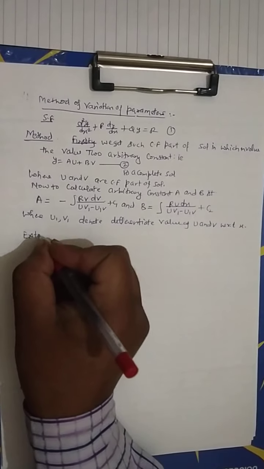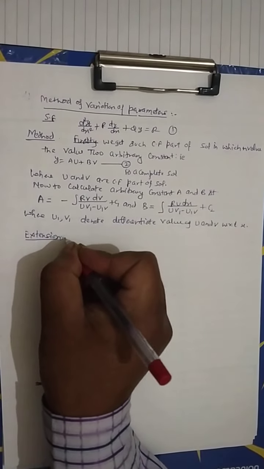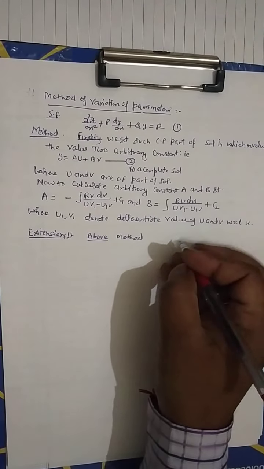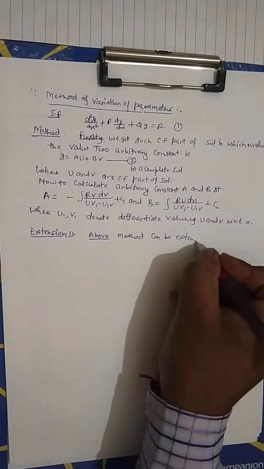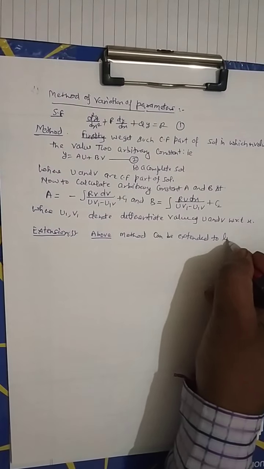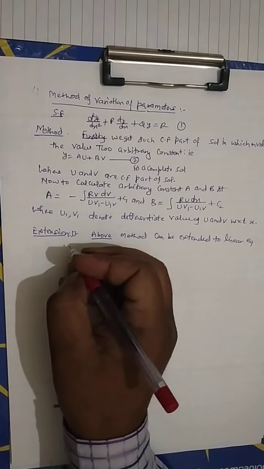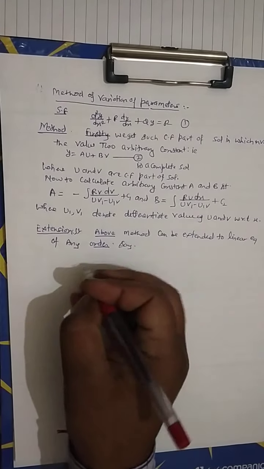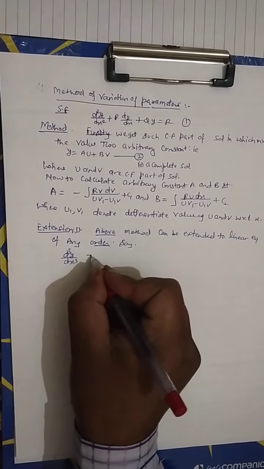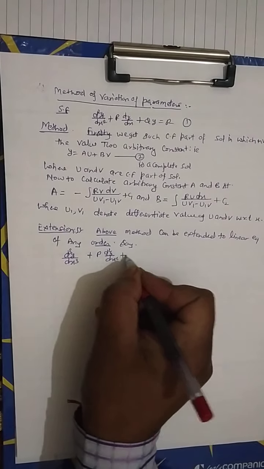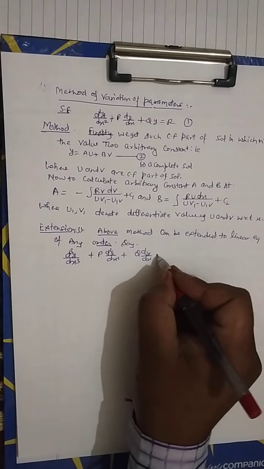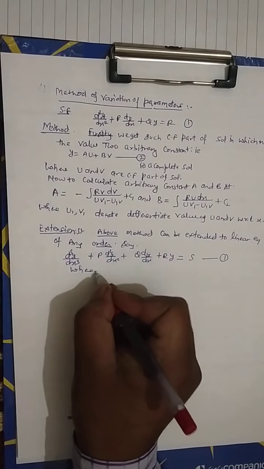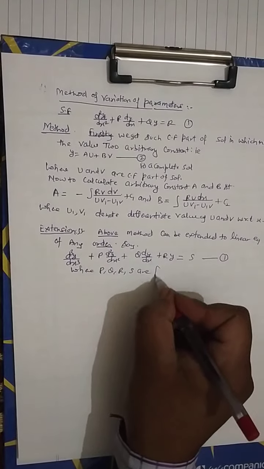That is, the extension can be explained as: d3y dx3 plus p d2y dx2 plus q dy dx plus ry equal to s, equation number 1, where p, q, r, s are functions of x.